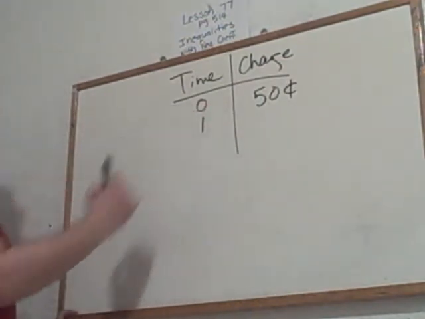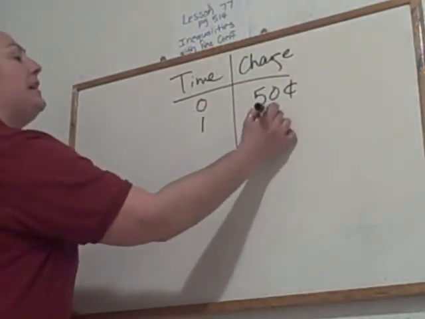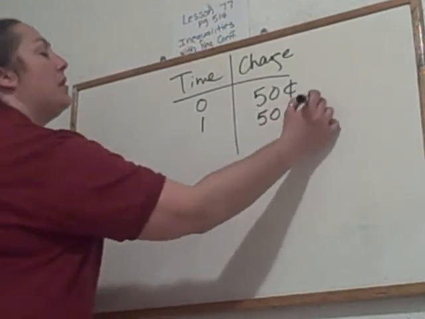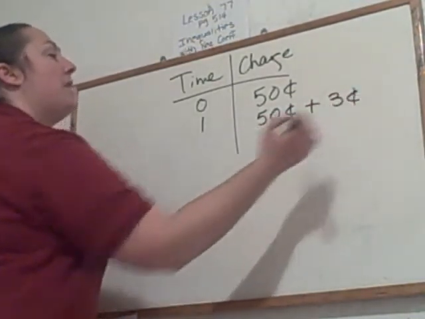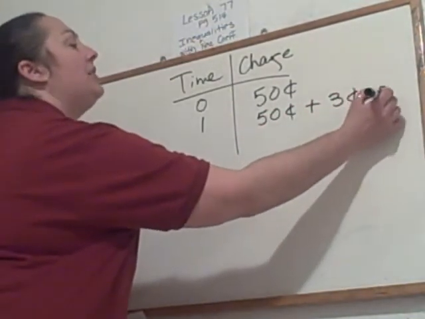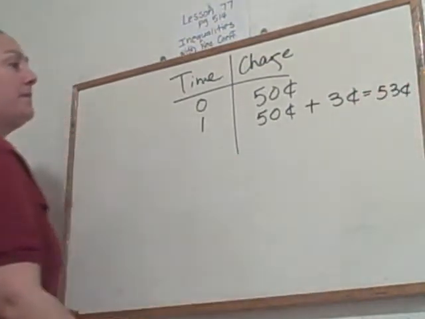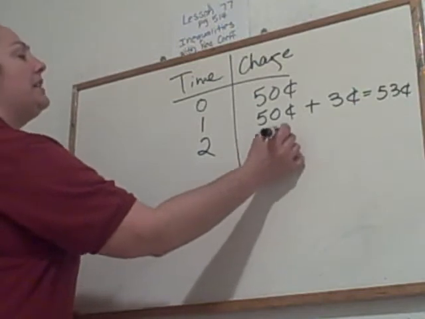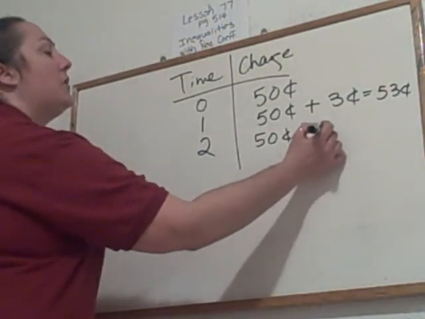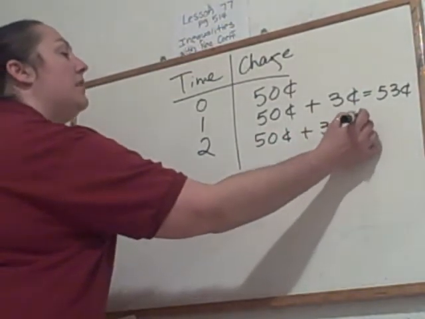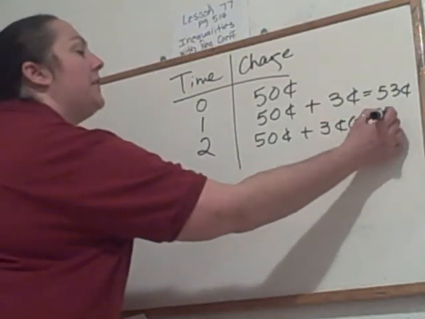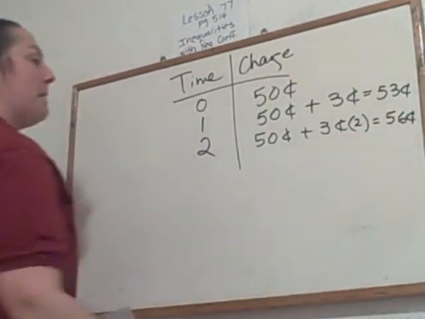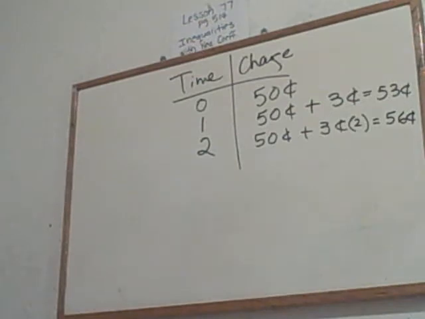If I talked for 1 minute, it would be that 50-cent charge plus 3 cents for that minute to have a total of 53 cents. If I talked for 2 minutes, it would be 50 cents plus 3 cents times 2, which would then be 56 cents. And so on.